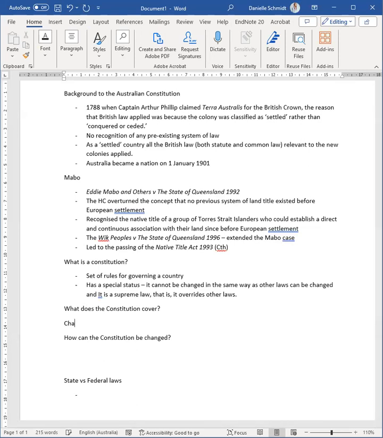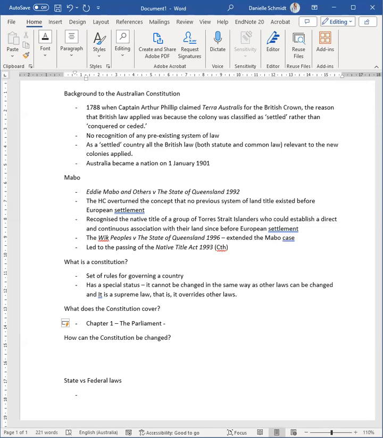So we have chapter 1, the Parliament. This chapter, which is the longest, covers the structure and powers of the federal Parliament. Let's write that one down. This way you have almost like a contents page, and I highly recommend you either download it or buy it.